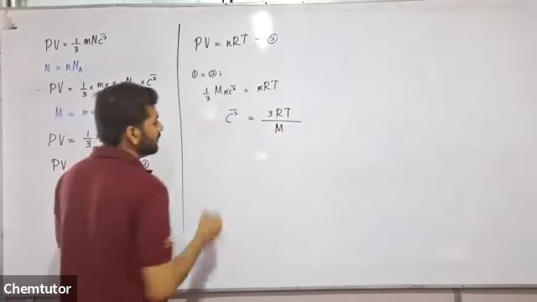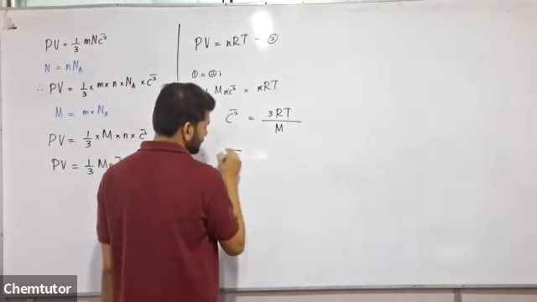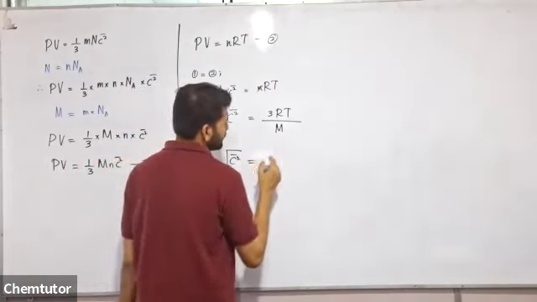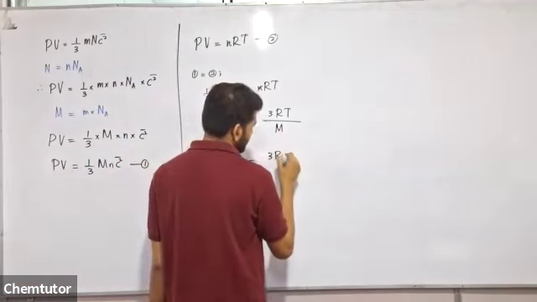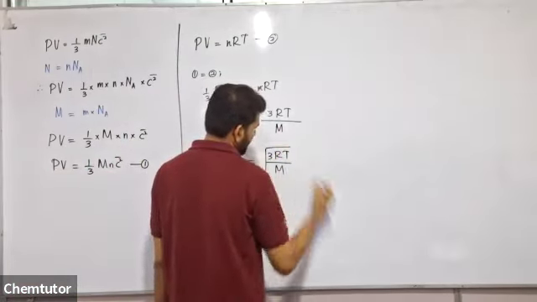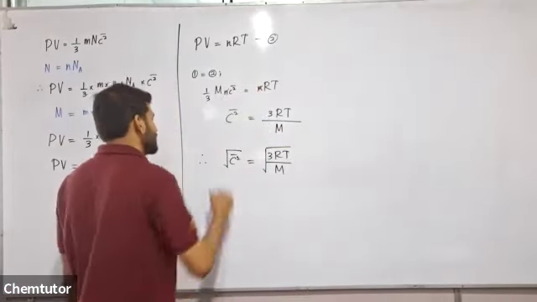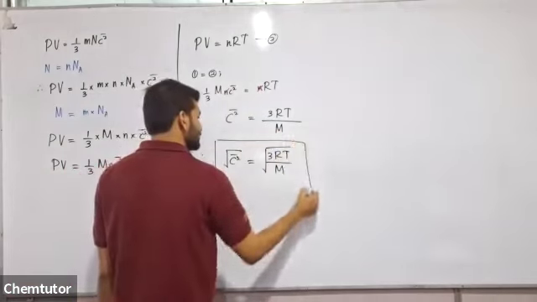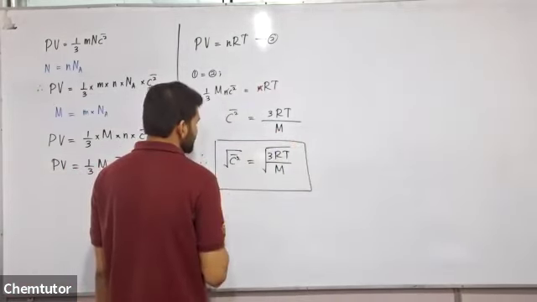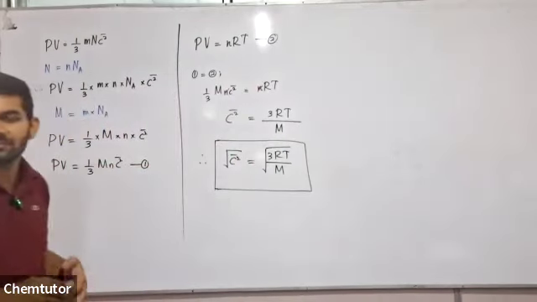So therefore we can give the root mean square speed equals the square root of 3RT over capital M. That is the expression for the root mean square speed of the gas molecules. Is it clear?